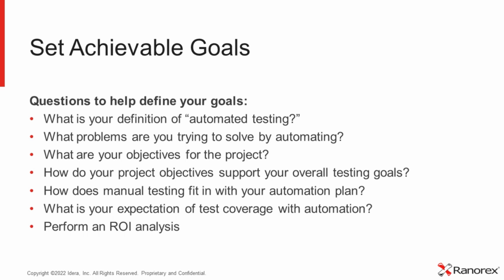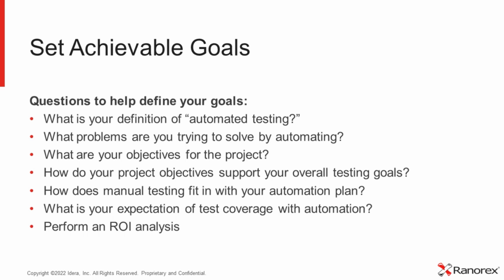So as you start the project, as I mentioned a moment ago, is your objective to have 500 tests or so many hours of automated tests, or covering certain key areas? Define what you want to get out of your automation. And then how do your automation objectives support your overall testing goals?